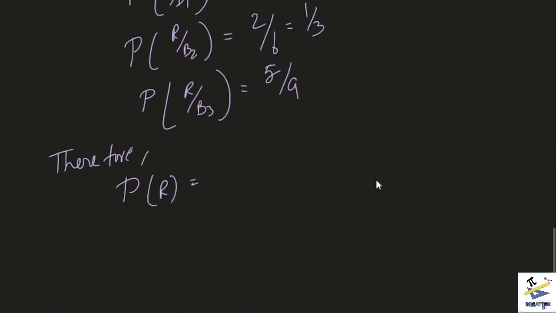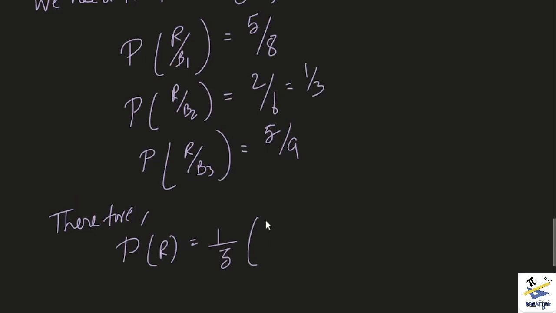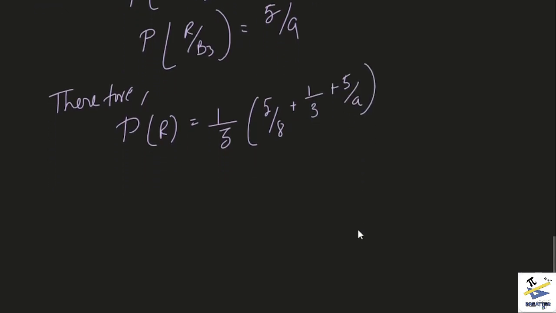We can take common 1 by 3 because all of these P of Bi are in multiplication form, and then we can add 5 by 8 plus 1 by 3 plus 5 by 9. Now let us simplify this, and I recommend doing it by hand and not using any calculator, because I do not think it requires much time, but it's still feasible.